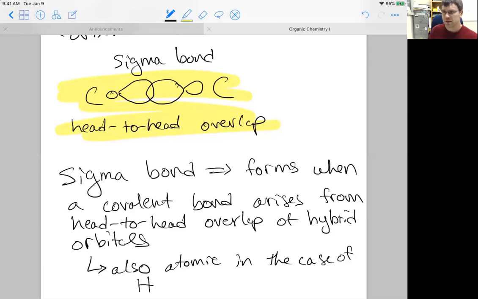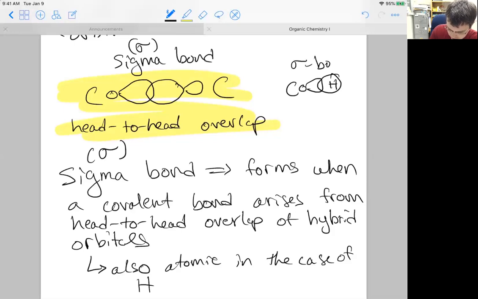Oof, I don't like writing the word sigma. I've been doing it. We do not do it that way. Instead, we use the Greek letter for sigma, which looks like this. Okay, so that's a sigma bond. Also, this is a sigma bond. Now you might be like, but that's a head of a hybrid orbital and then just a sphere. It's like a fish eating an egg or something. Okay, that also counts as a sigma bond in this context.